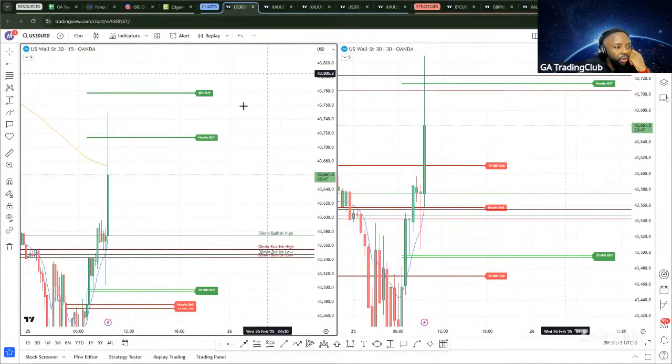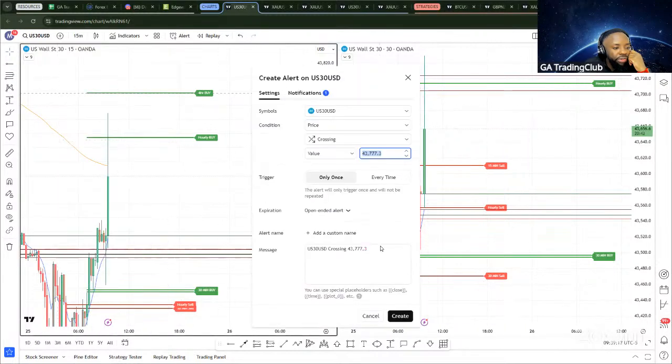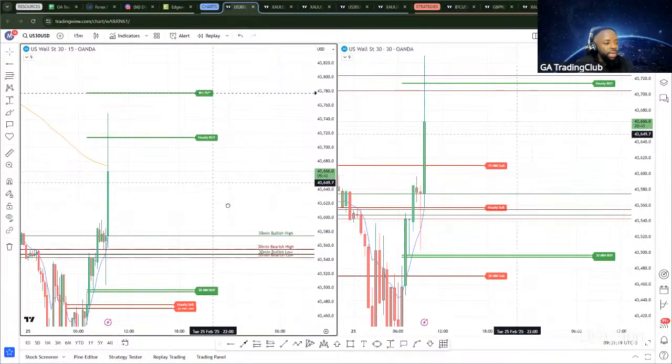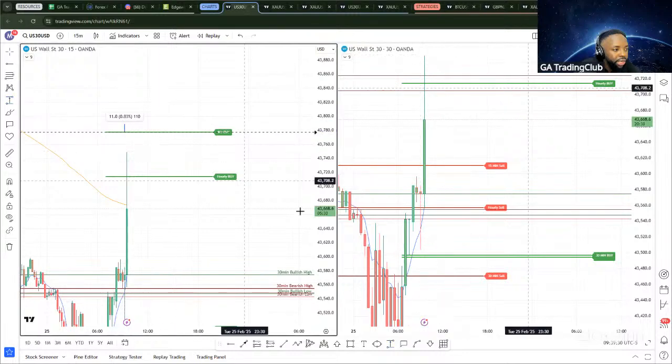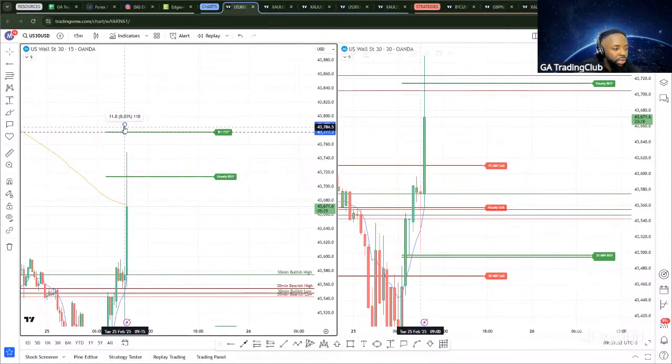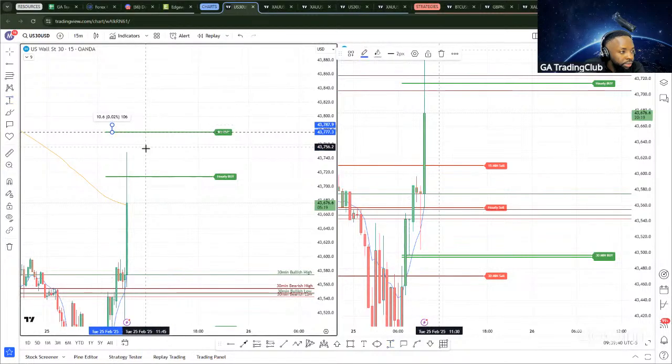So what we can do here on US 30 is set an alert on the 15-minute time frame, so that if price gets up here, what we would need is for price to go up about 10 points, and then we would set a pending sell order right there. So it would be something like this, and then something like that.